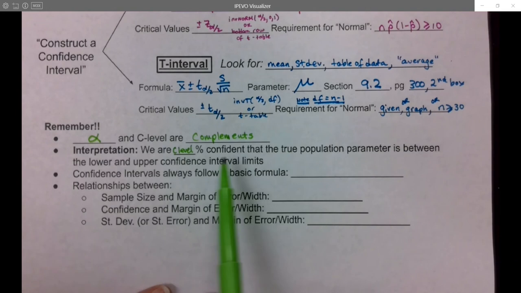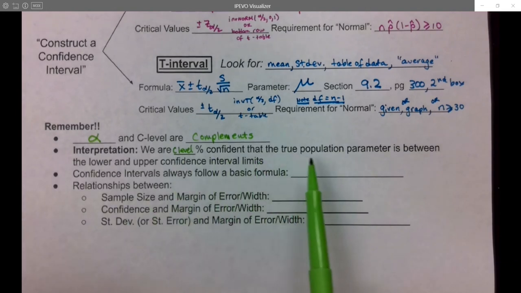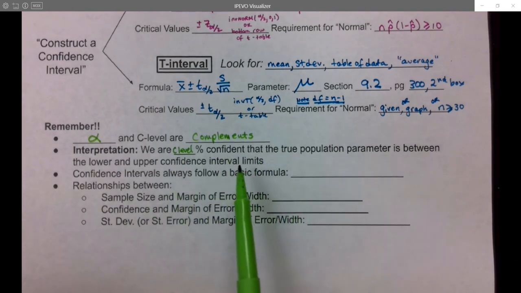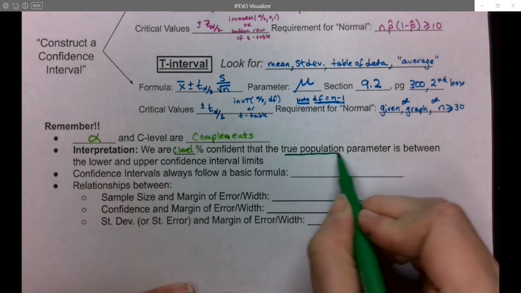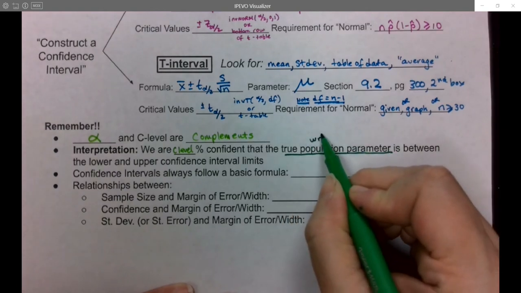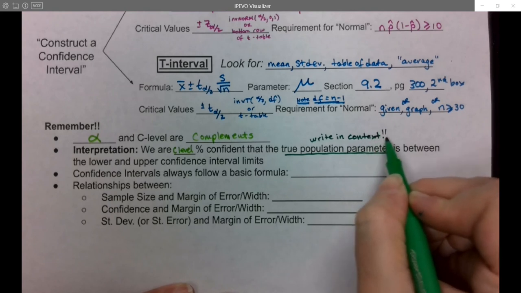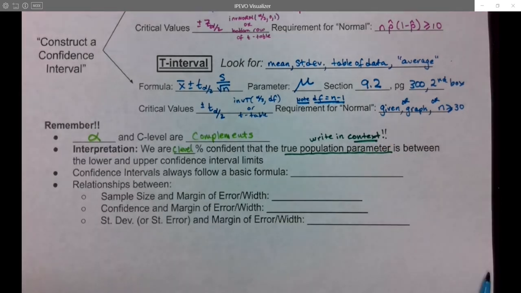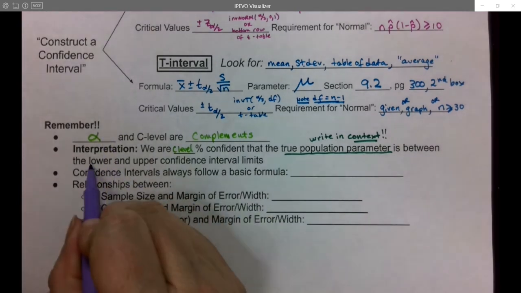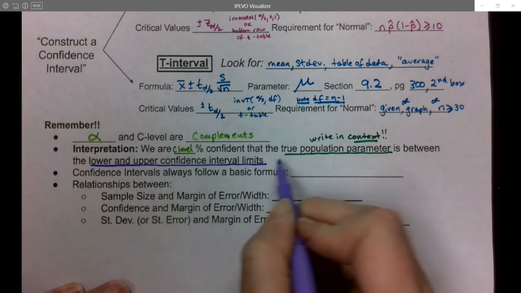And that's your interpretation. We are blank % confident that the true population parameter is between the lower and upper confidence interval limits. Of course, you would never write this. For the true population parameter, you would write it in context. And for the lower and upper confidence interval limits, you would actually write in the numbers.